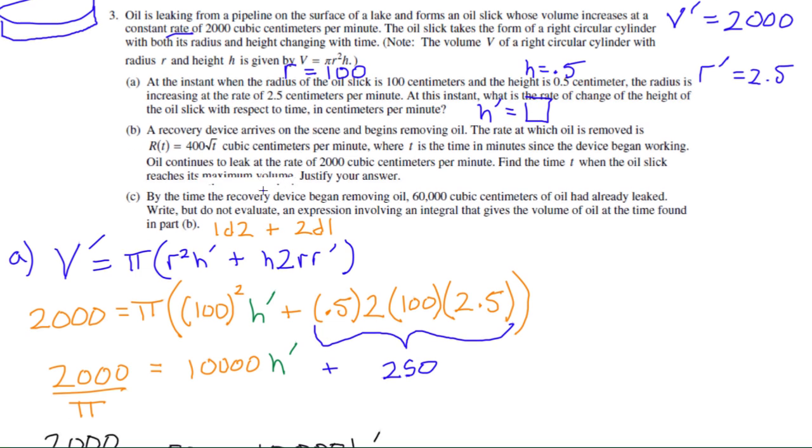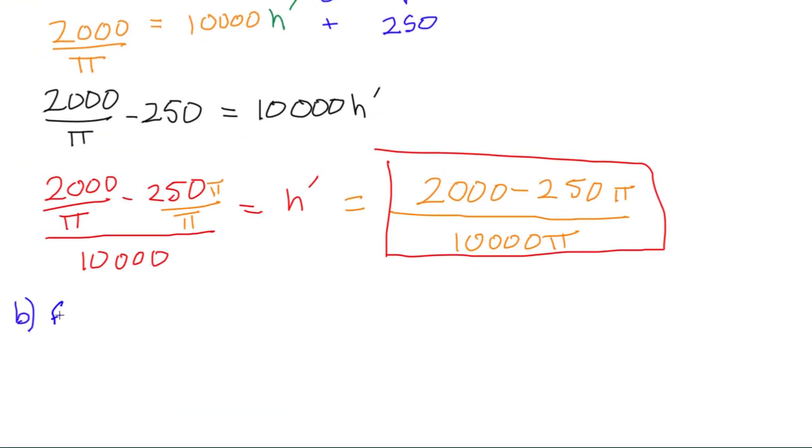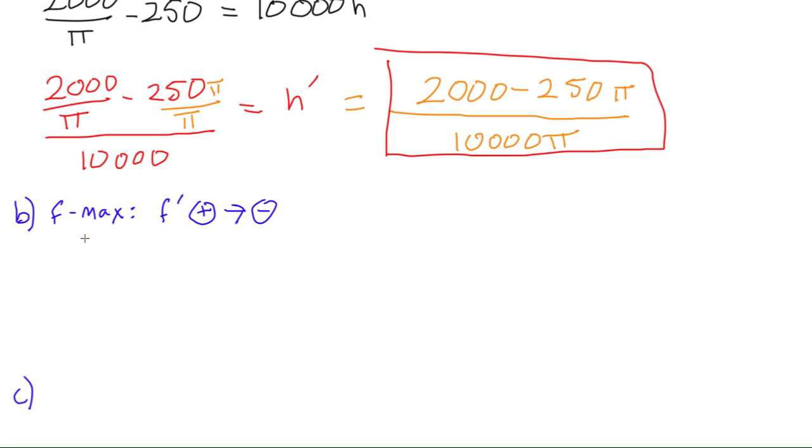All right, so Rochelle, definition of a max. It would be where F prime goes from positive to negative, which means I need to find F prime.